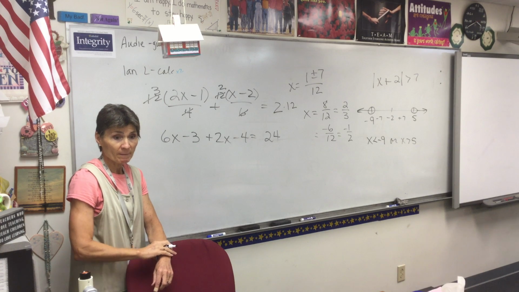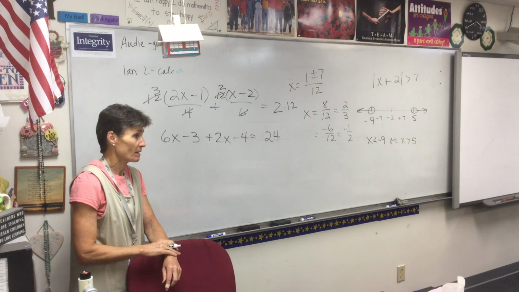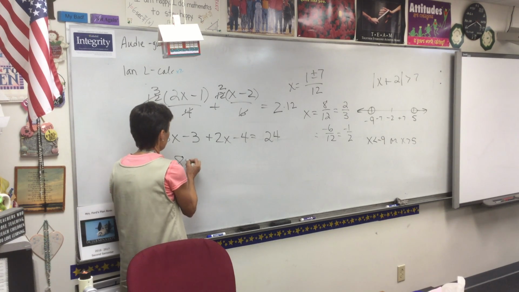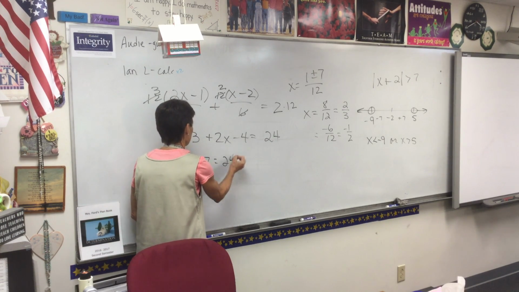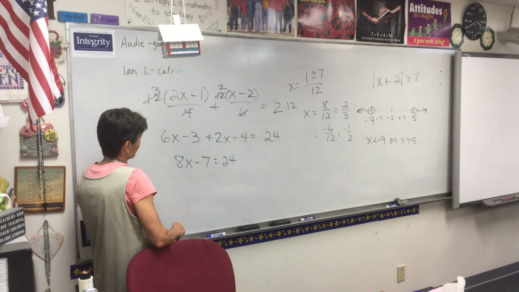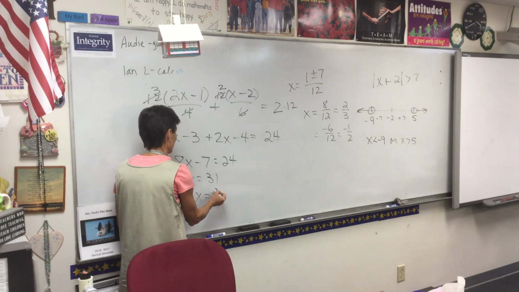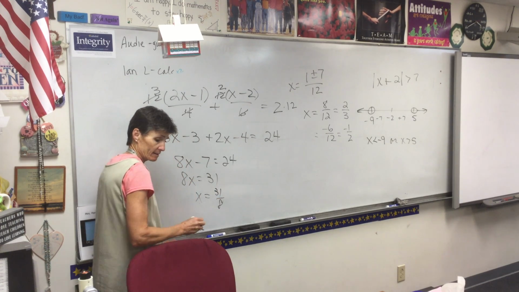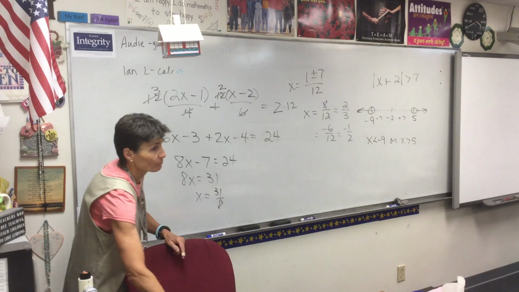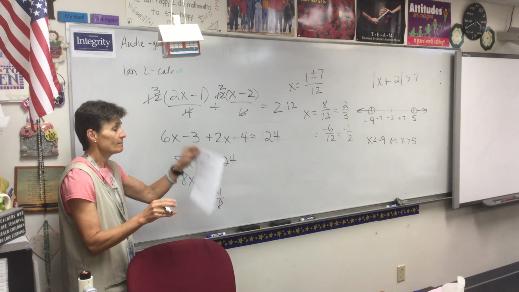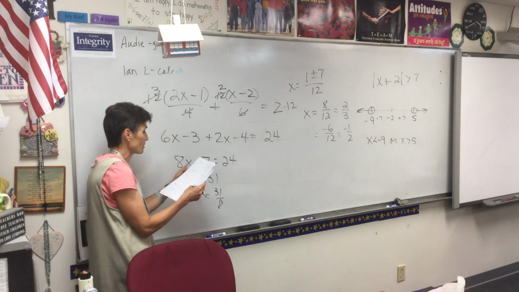Once you start multiplying by 12, you have to multiply everything by 12. 8x minus 7 equals 24. 8x equals 31, and x equals 31/8. What is that? Is that okay with everybody? Yep. All right, that page is easy. Everyone will get a perfect first page.